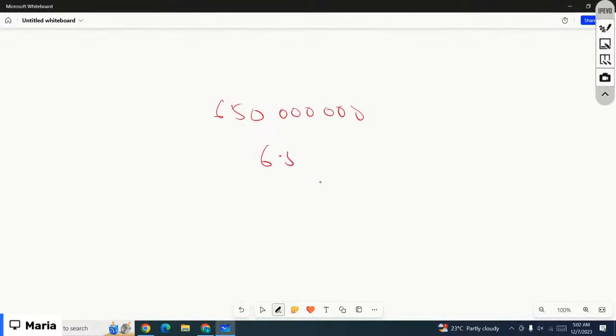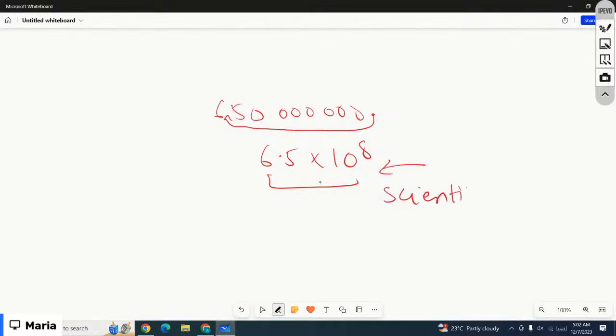You can write it as 6.5, 1, 2, 3, 4, 5, 6, 7, and 8. You move the decimal point from here to here, 8 places. So it would be 6.5 times 10 exponent 8. That is an example. This is basically the scientific notation, right? So you can write the very small numbers and the very large numbers using the scientific notation, right?